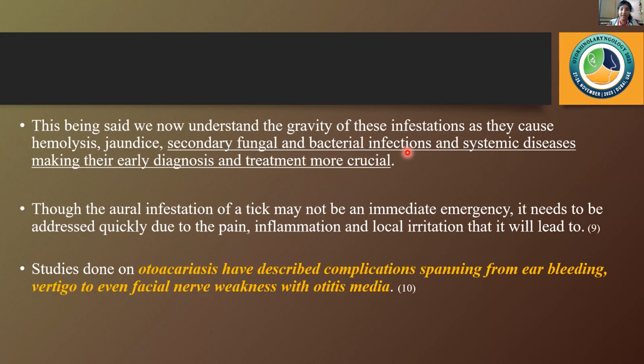But now we should bear in mind, because later the patient can come back to us with a secondary bacterial infection or a fungal otitis externa. The patient can also come back to us with systemic diseases. So if we do the primary evaluation properly, then it spares us the trouble of a difficult diagnosis at a later stage, because at that time the treatment becomes more and more crucial.